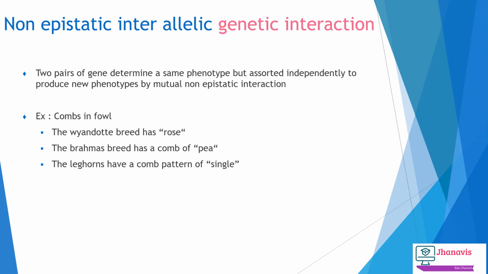In the Wyandotte breed, the comb is rose, whereas the Brahma breed has a pea comb, and Leghorns have a single comb pattern. So when we cross them with each other, we will see there are certain deviations again from the Mendelian law. We'll see what this is later.